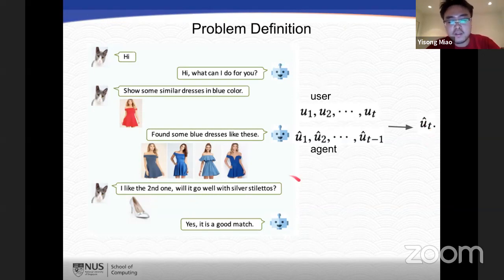Here, the minor difference is that both user and agent utterances can be in two types of modality. The first modality is text, the second is image. It is the only difference.